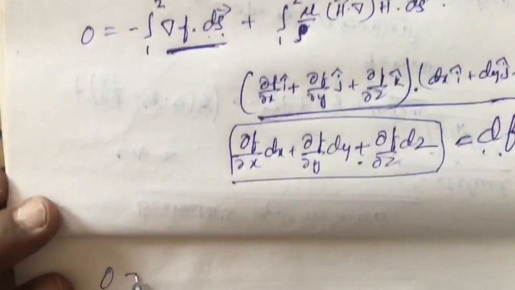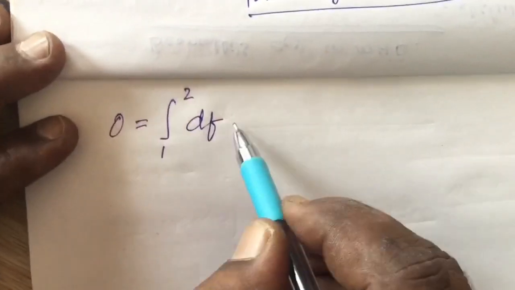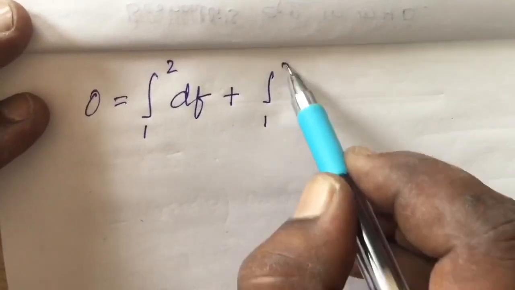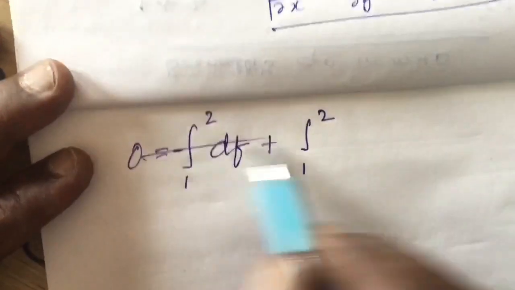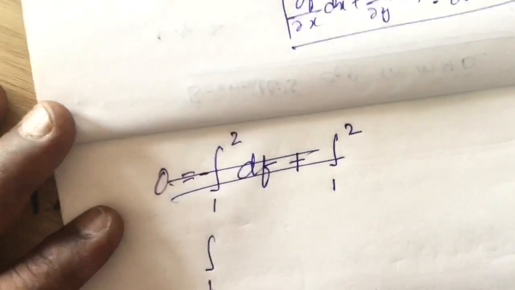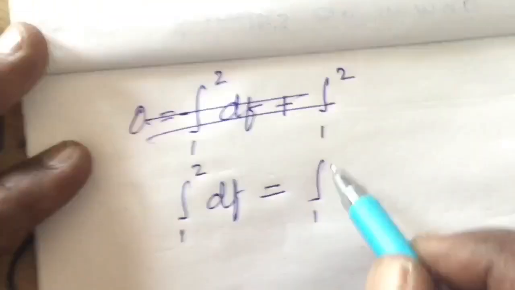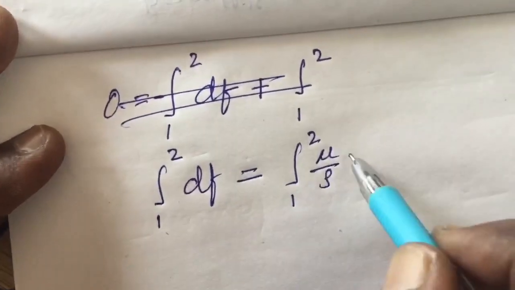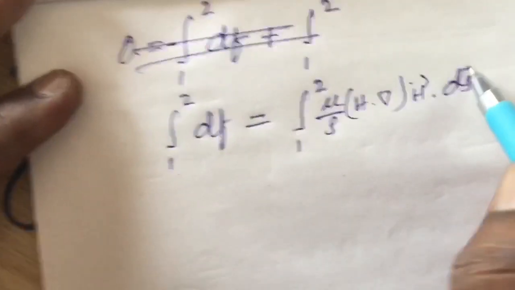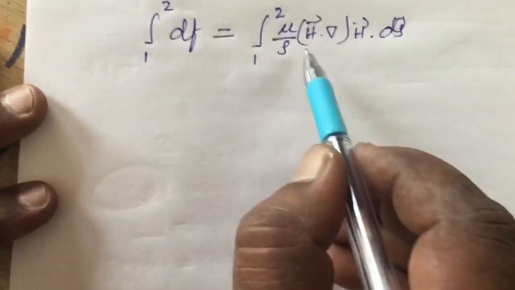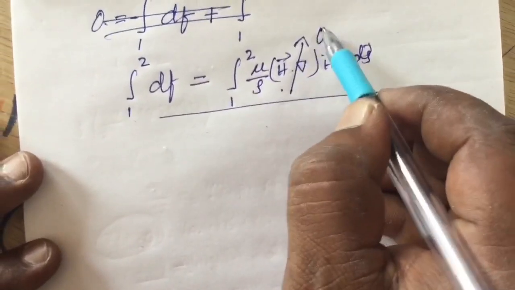Therefore, integration from 1 to 2 of df is equal to integration from 1 to 2 of mu by rho into h dot del of h dot ds. Now, this integration is not possible unless this term is equal to 0.